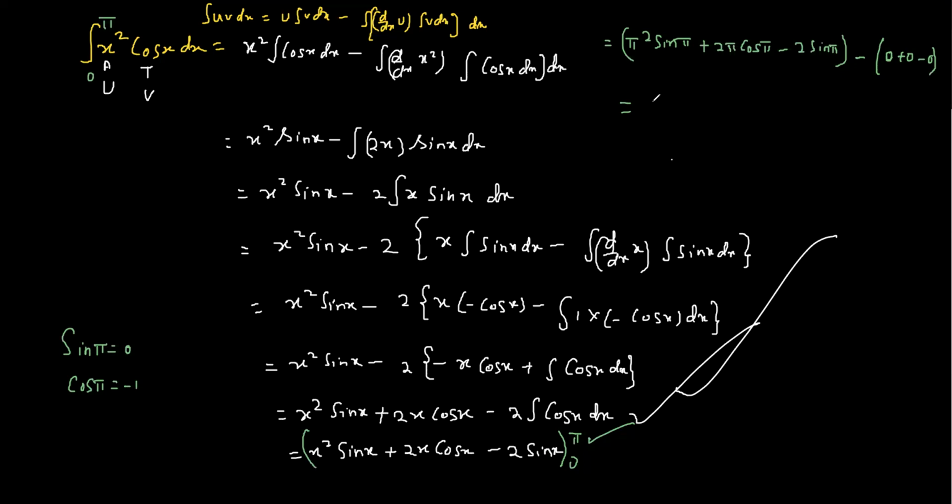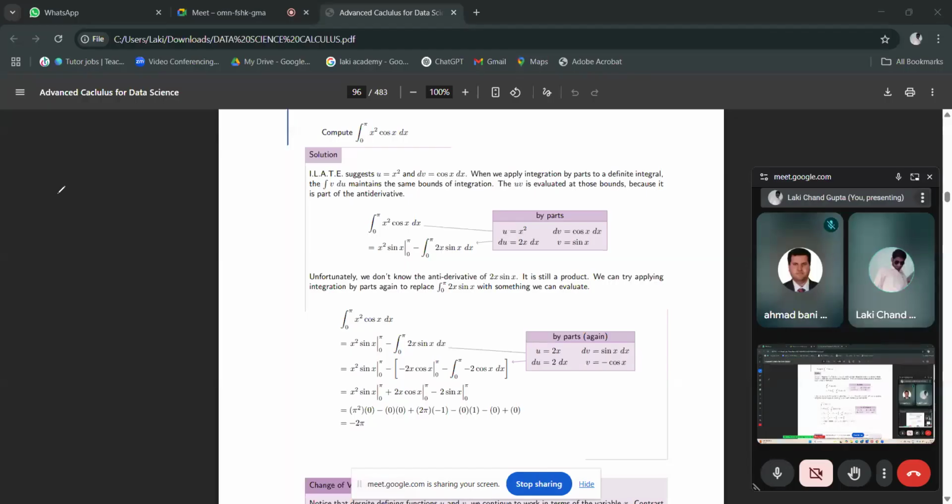So sin pi is 0, this is also 0. Cos pi is minus 1 and sin pi is 0. Minus 2 pi is the answer. So after integration, put the upper limit then minus the lower limit. Yes, minus 2 pi is the answer.